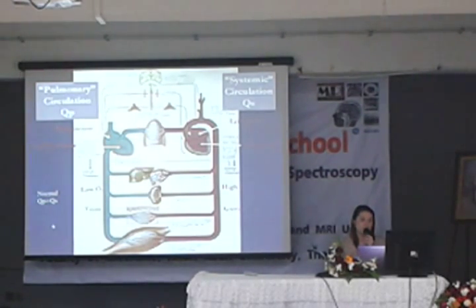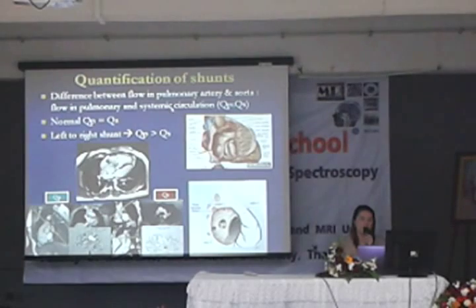In normal people, QP should be equal to QS, and we use this principle for quantification of the shunt. By applying phase contrast, we measure flow across the main pulmonary artery, which corresponds to QP, and flow across the aorta, which corresponds to QS.